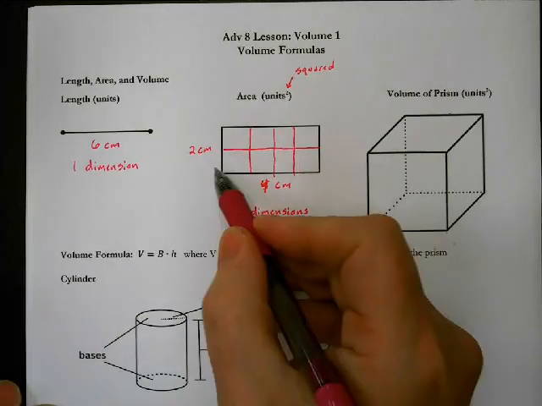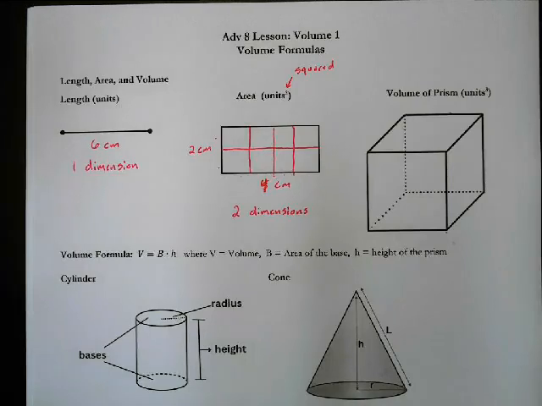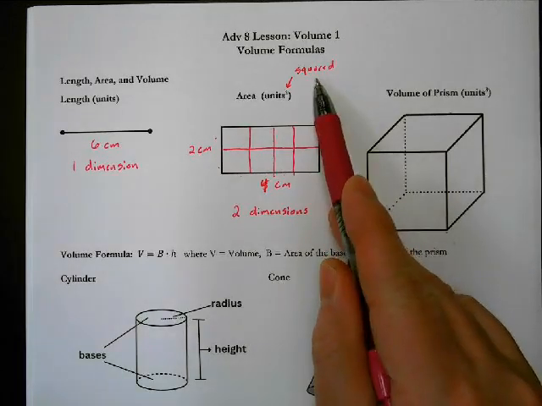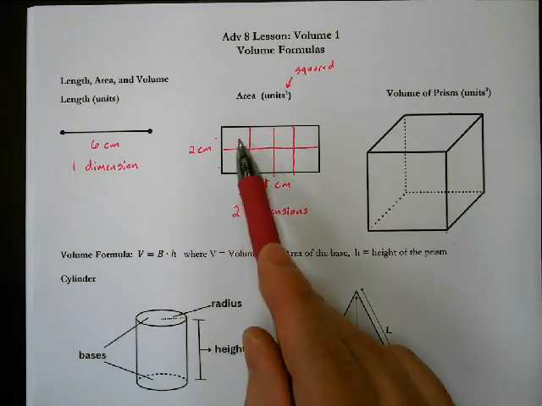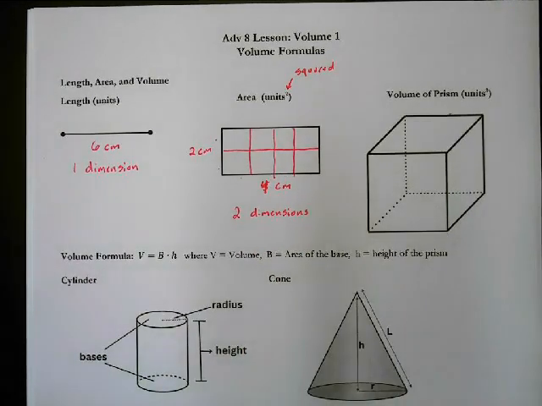So I've broken it up. I've got 1, 2 centimeters here, 1, 2, 3, 4 centimeters here. Now we would normally say, oh, this is just length times width. It's 2 times 4. Well, the reason why it's length times width is because we're counting squares. Inside of this shape, we literally have 1, 2, 3, 4, 5, 6, 7, 8 squares.